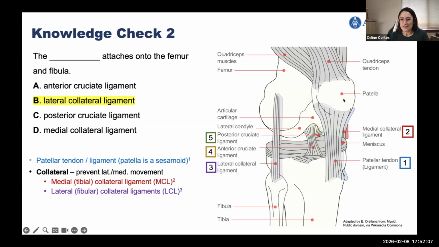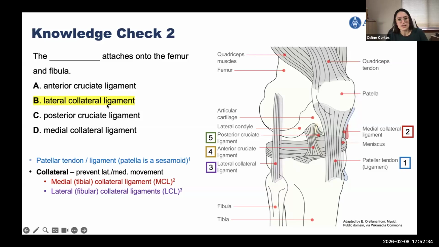It's this medial connection between the tibia and the femur. Our lateral collateral ligament is really going to be that connection between our femur and the fibula out here. So that's why it's also known as the fibular collateral ligament. But oftentimes these are abbreviated and referred to in clinical settings as MCL and LCL.